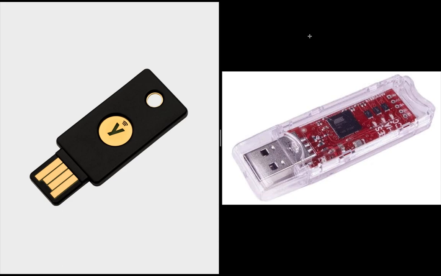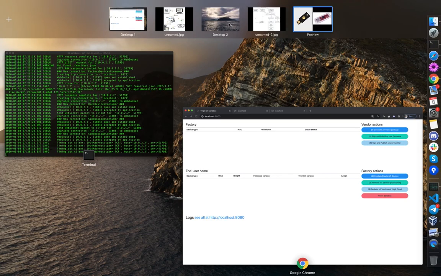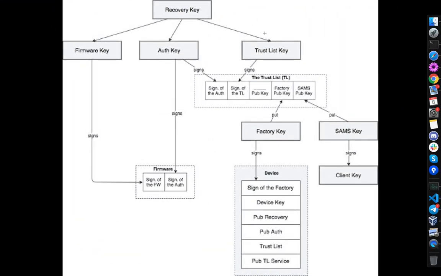It contains an ATECC508A integrated circuit, or 608A, which is a modern version of this chip. So when you generate your root of trust, you are free to choose to use files or security modules. Well, that's the generation of the root of trust.